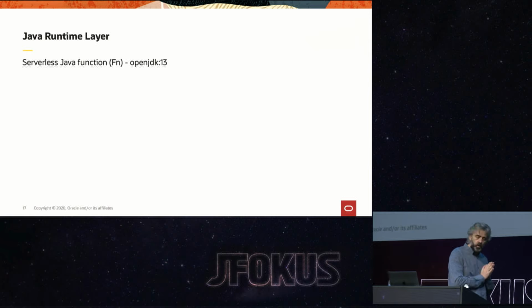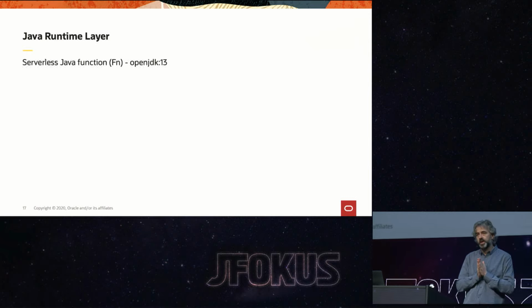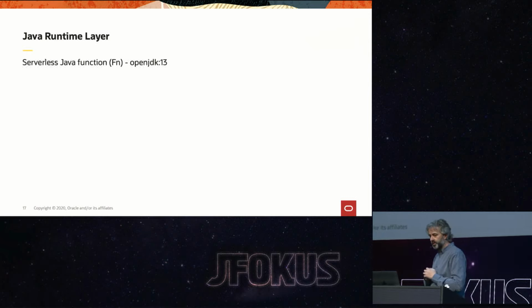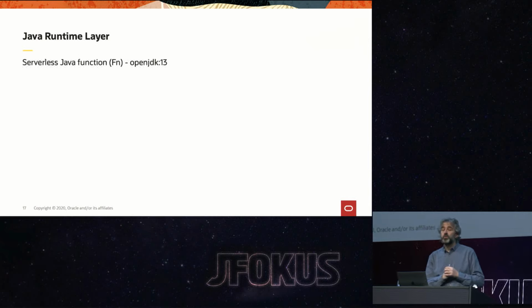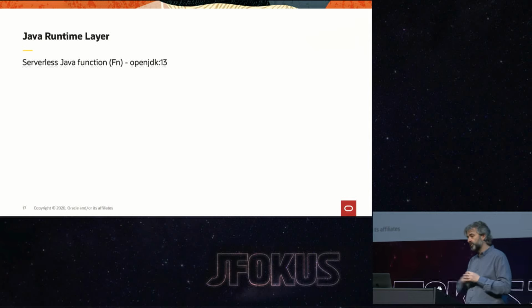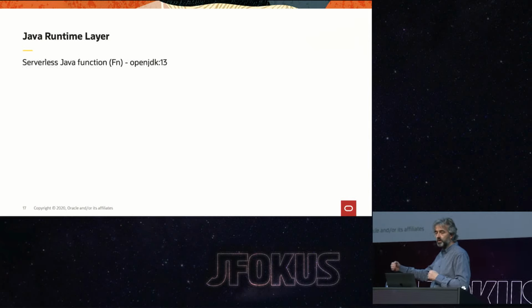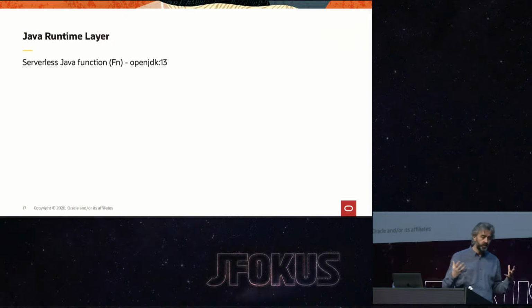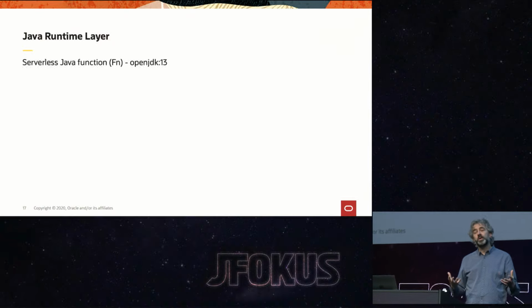Now, at the Java runtime layer, there are things that we can do to reduce the size of that layer. And what we can do is use jlink, which was introduced in Java SE 9. Part of the modularity, this jlink tool gives us the ability to create a custom runtime image that will only include the modules that our code needs.